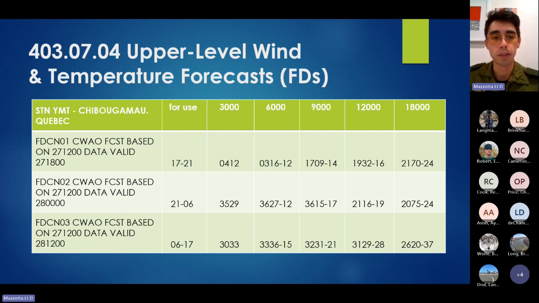So it's going to be 040 degrees true at 12 knots. At 6,000 feet, there's 030 at 16 knots. And again, it has a temperature, so it's actually minus 12. Sorry, for the temperature.